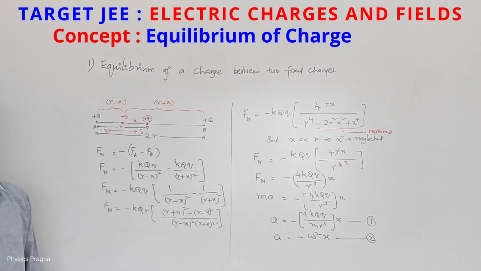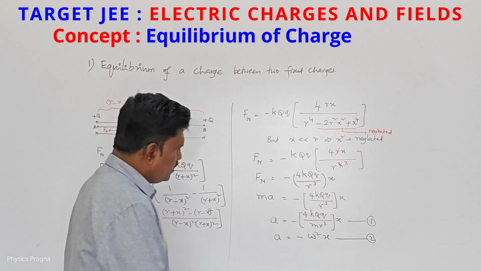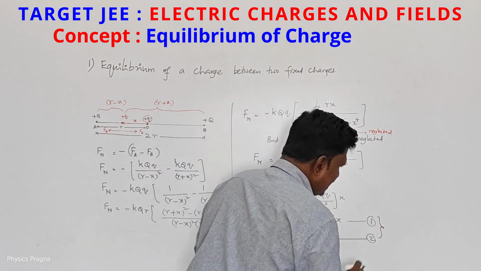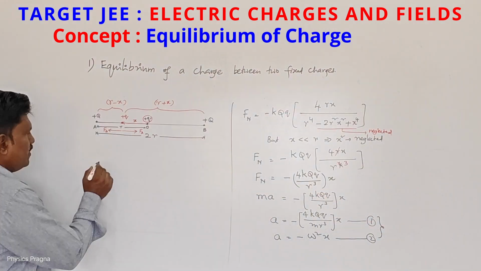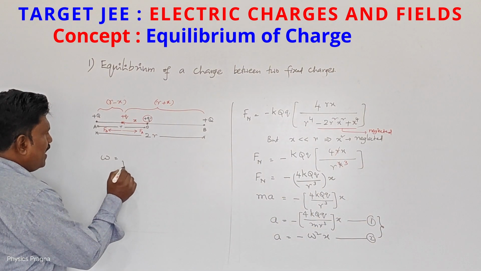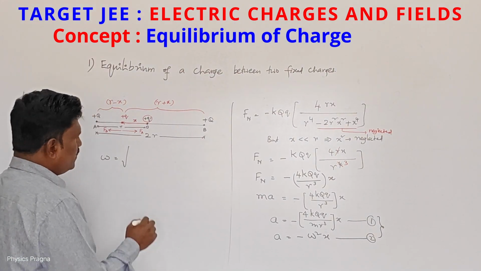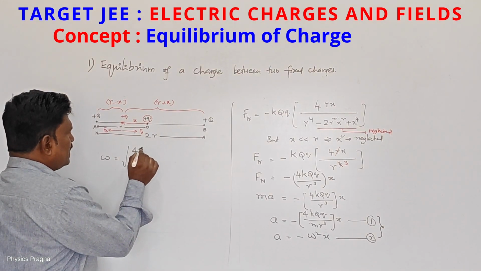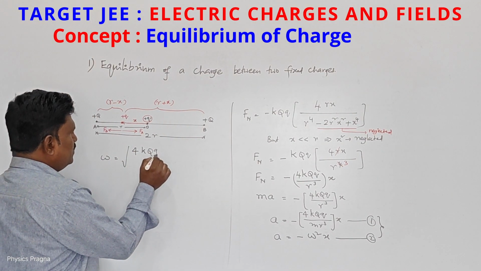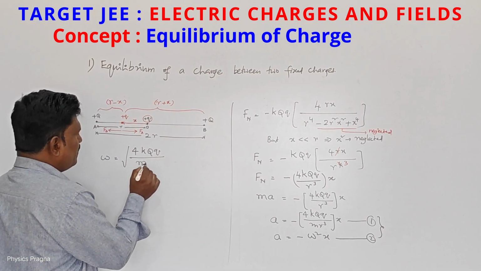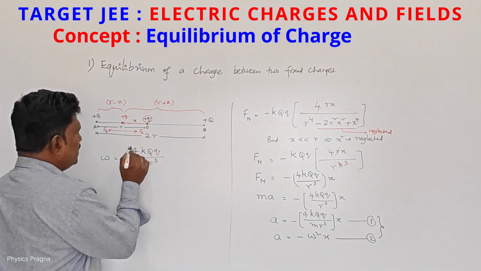So we will compare equations 1 and 2. This omega is equal to under root 4KQ by m r cube.